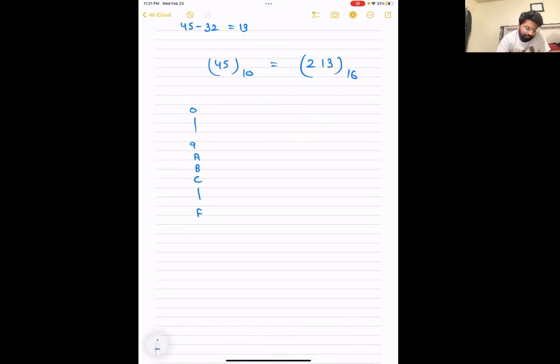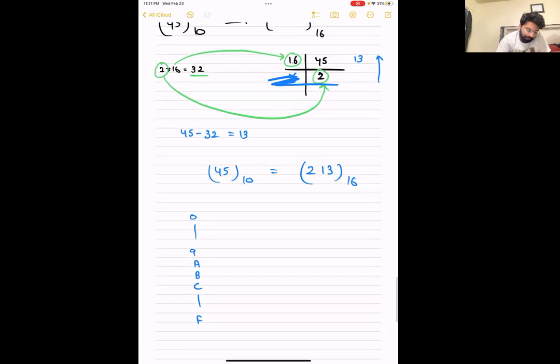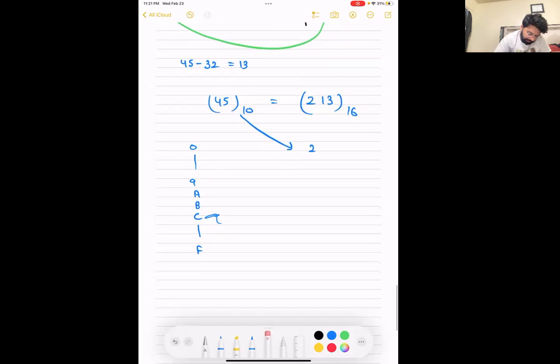So since we have a 13 here, instead of writing 13, I can write this as D. So this is 10, this is 11, this is 12, so D is 13. So I'm gonna write this as 2D in hexadecimal.